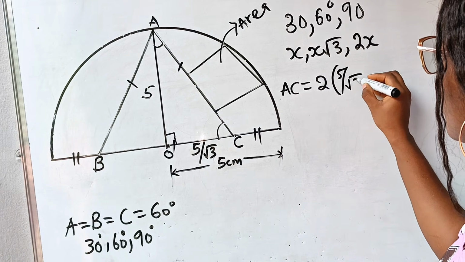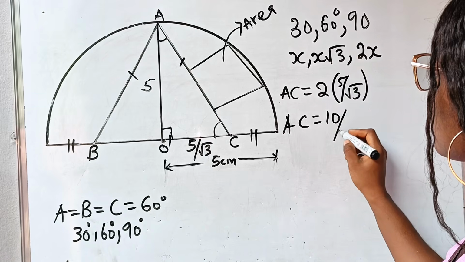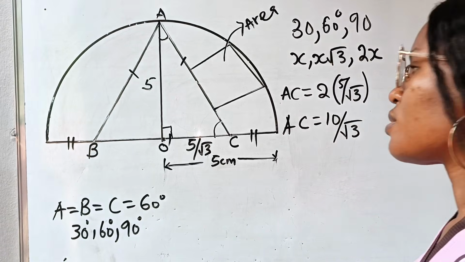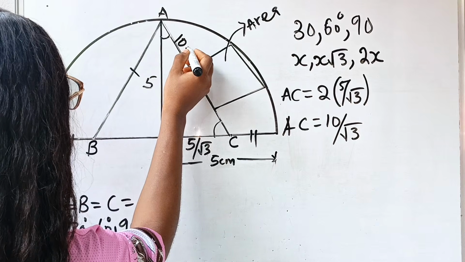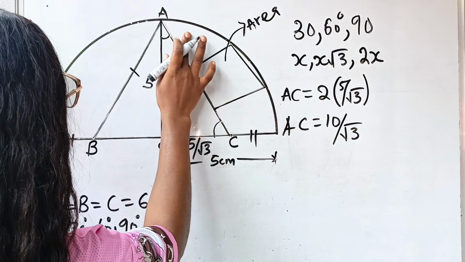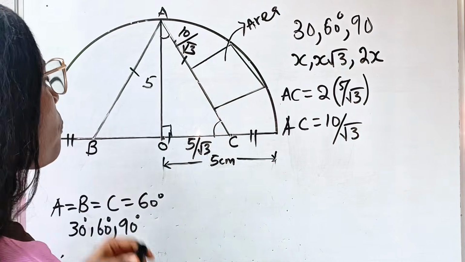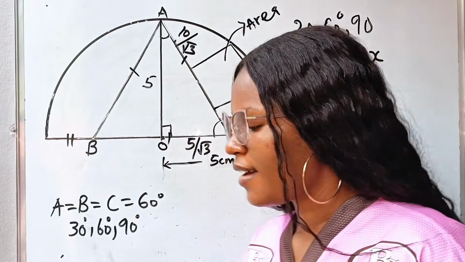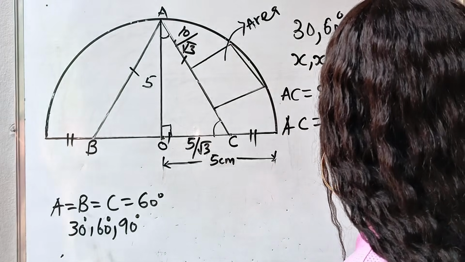So our AC will be equal to 10 over root 3. So I'm going to write this now. AC is 10 over root 3.